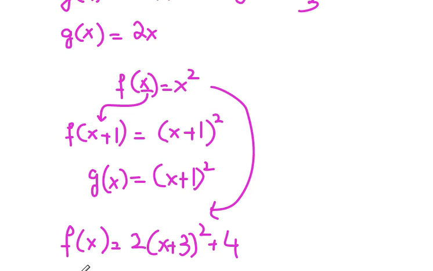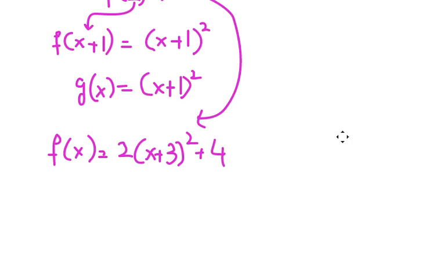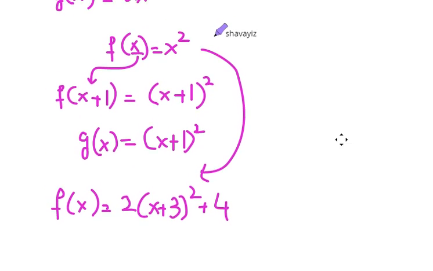Now this is also a transformed function from the parent function. It can be anything: x plus 1, x plus 2, x plus 3, it doesn't matter. The basic purpose is to explain what changes we are making in the original function. We can add anything. The purpose is just to explain what a transformed function is.